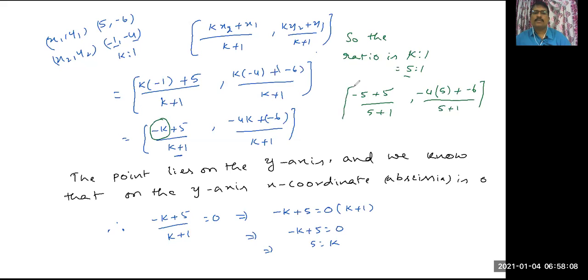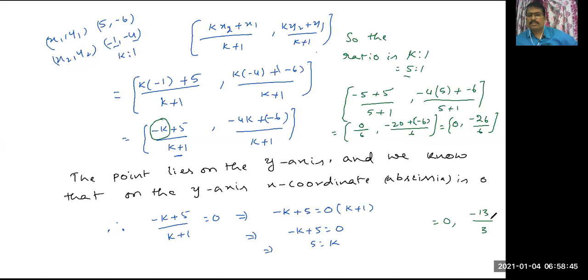So minus 5 plus 5 is 0, 0 by 6, minus 4 into 5 is minus 20, plus minus 6 by 6. So 0 by anything is 0, 0 comma minus 26 by 6. దాన్ని సింప్లిఫై చేయొచ్చు. 2 13s are 26, 2 3s are 6.